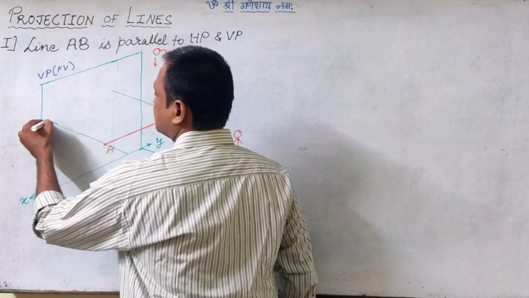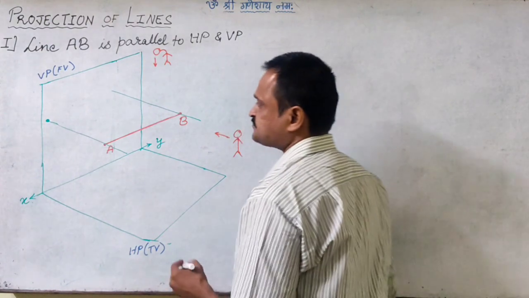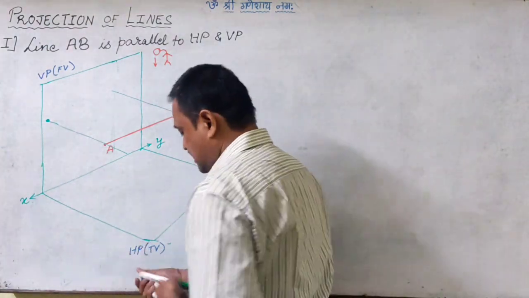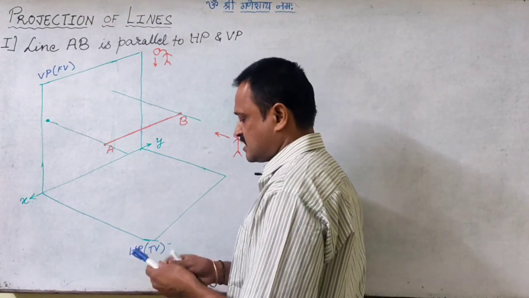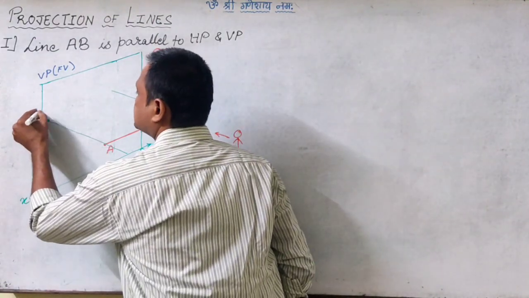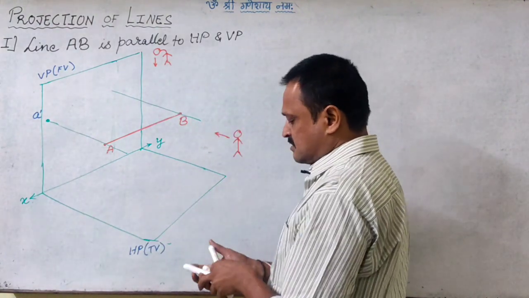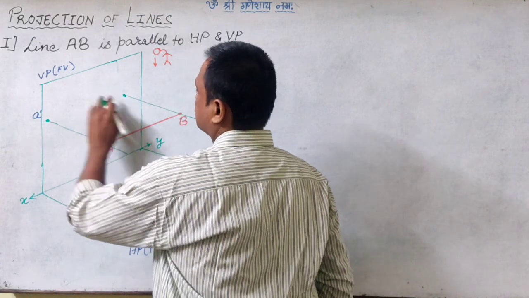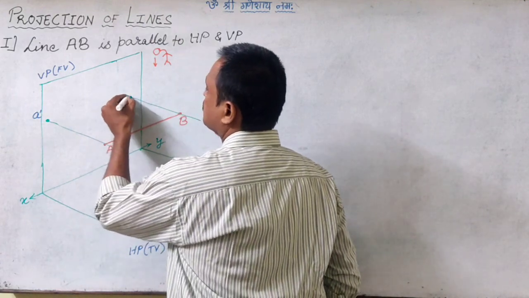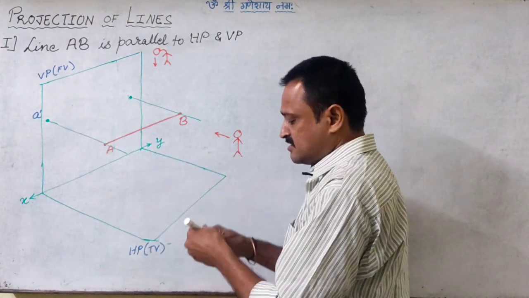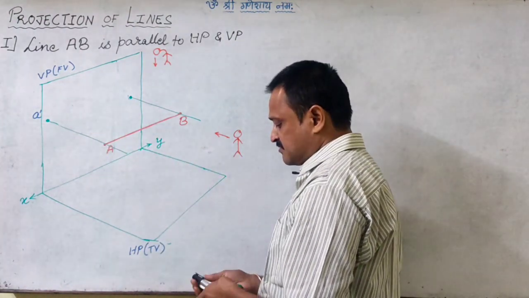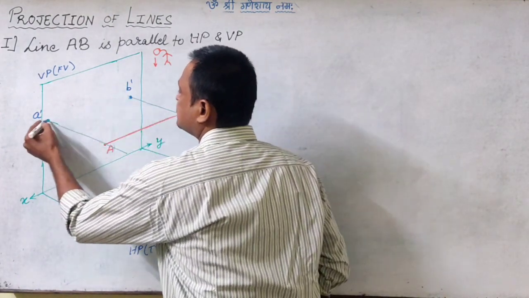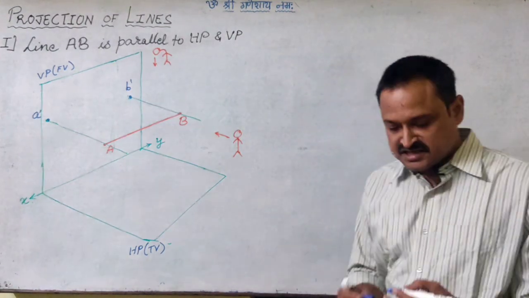Wherever this projector strikes the vertical plane, we will get the image of A as, say, A dash, and wherever the projector of B strikes the vertical plane, I will get the image of the point B as B dash. So we get the images A dash and B dash.